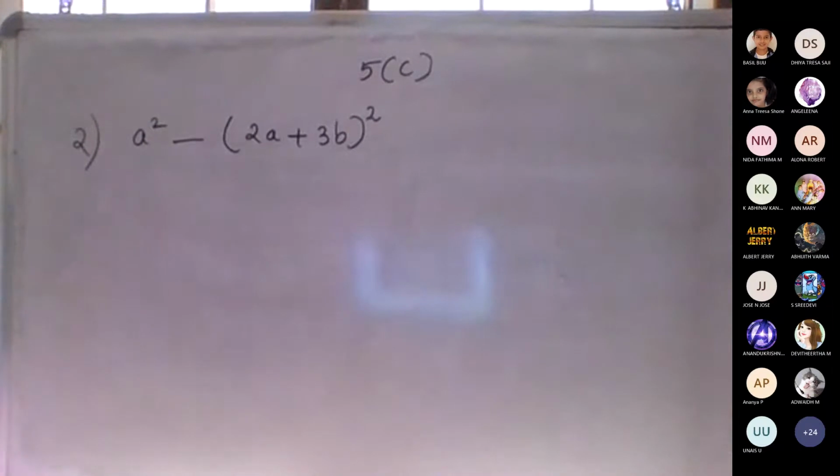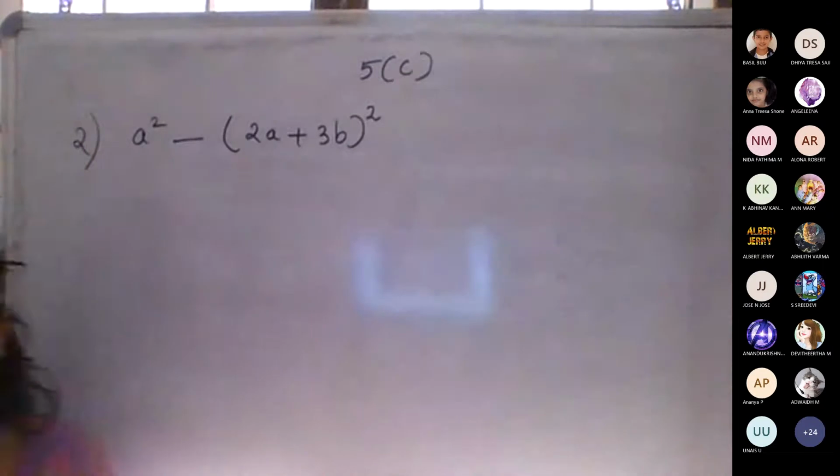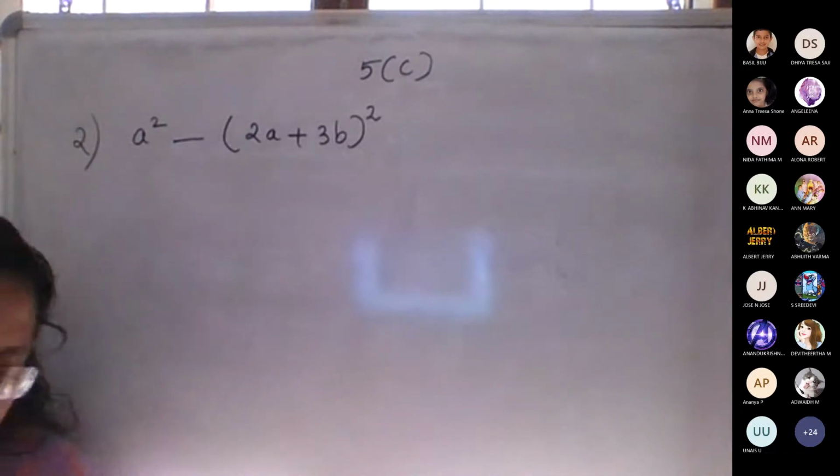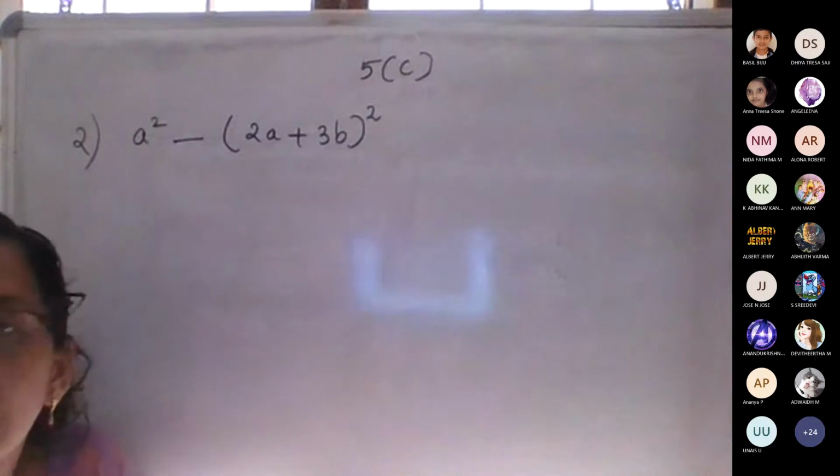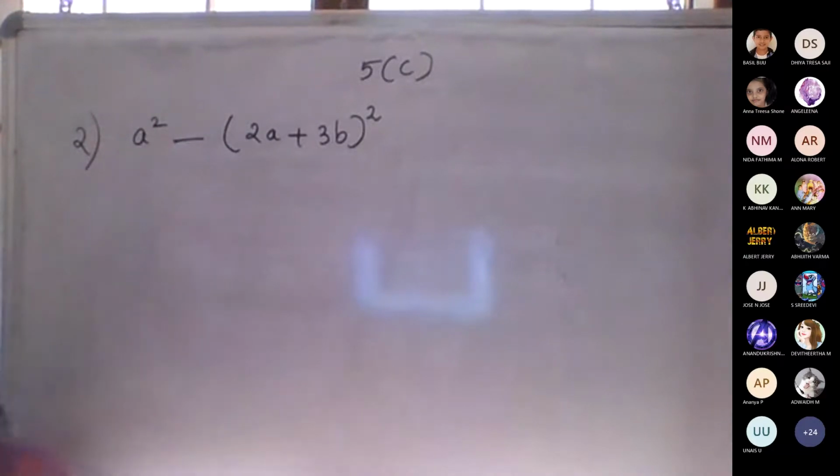What is the use of expanding a plus b whole square? Think of the formula. We can directly write what a stands for and what b stands for without changing the brackets. What formula are we dealing with? A square minus b square only. So no need to expand that.